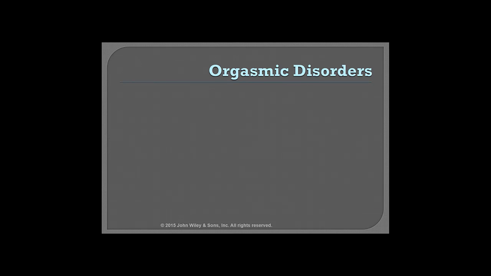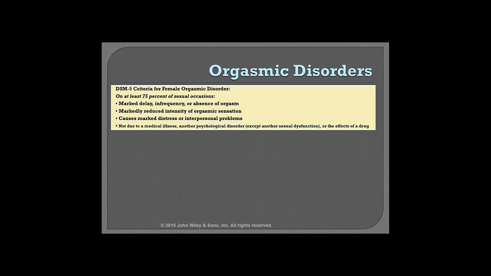When we think about the criteria for female orgasmic disorder, what we're looking for on at least 75% of sexual occasions is a delay in frequency or absence of orgasm, a reduced intensity of orgasmic sensation, and that it causes distress or interpersonal problems. And again, as with any of them, it's not due to medical, psychological, or medications.